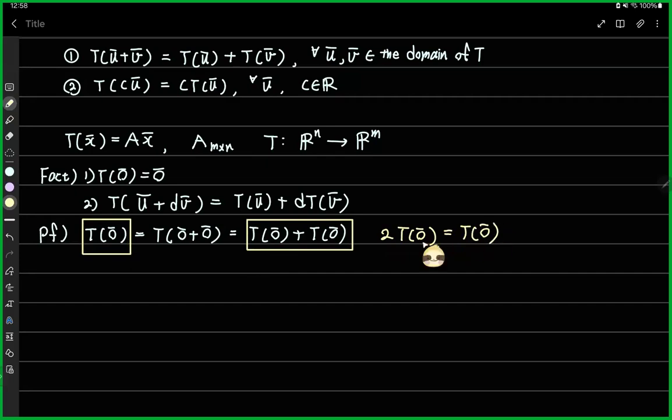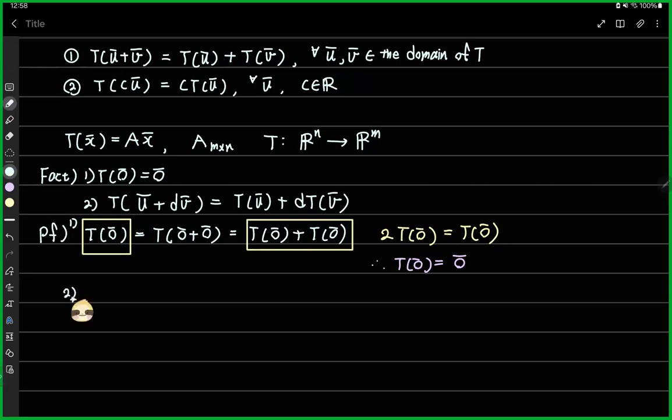I don't know the value of T of zero vector, but subtracting T of zero vector on both sides, T of zero vector is going to be the zero vector. Proof is done.